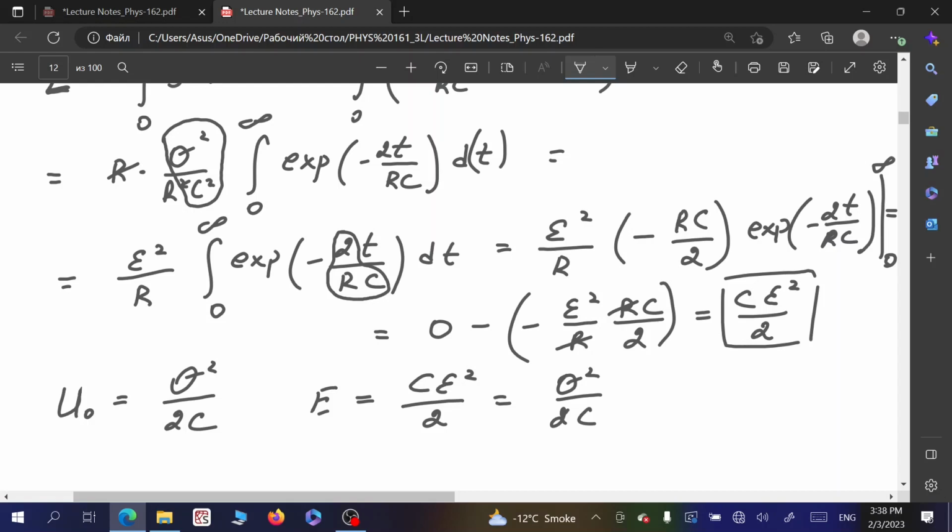So let us summarize this discussion. Once we have already charged capacitor, which was charged after considering the first part of this story when we connected it to the battery.